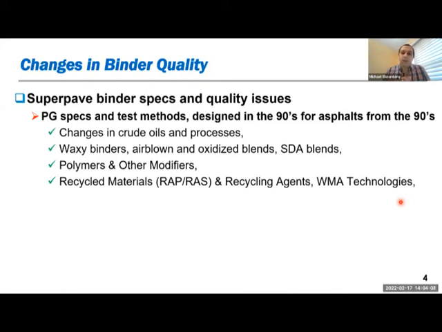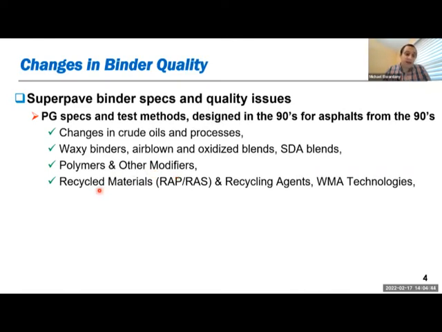Waxes in binders, air blown, oxidized blends, solvent deasphalted residues that are blended back with oils to form possible binders or binder additives. Various polymers have been developed, including reactive polymers like isocyanate based or epoxy modified asphalt or terpolymers, SBS, and various elastomeric polymers, and other modifiers and softeners.